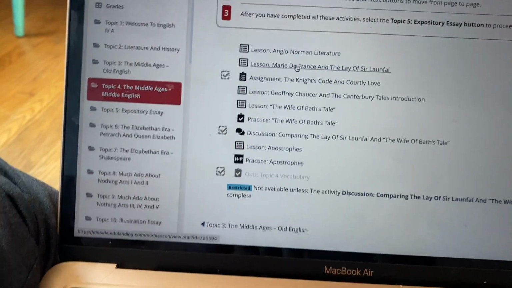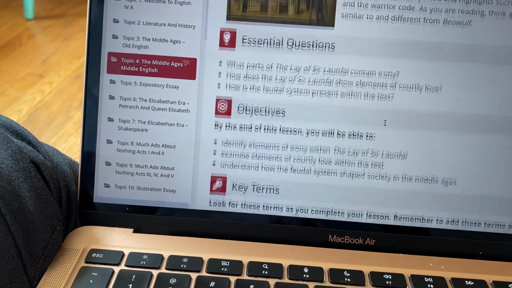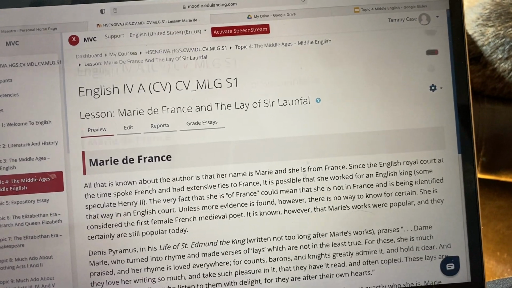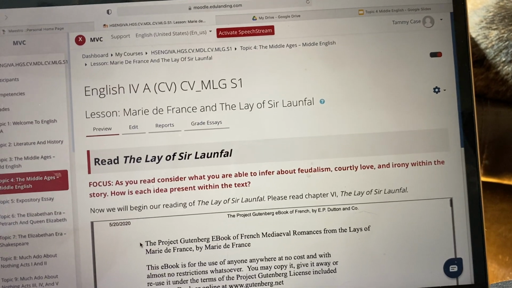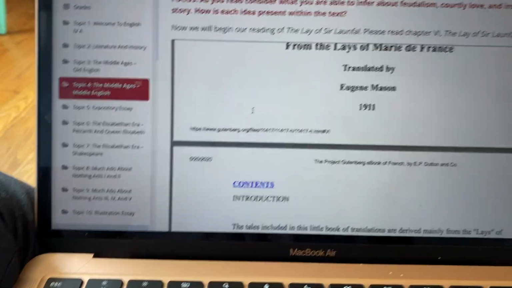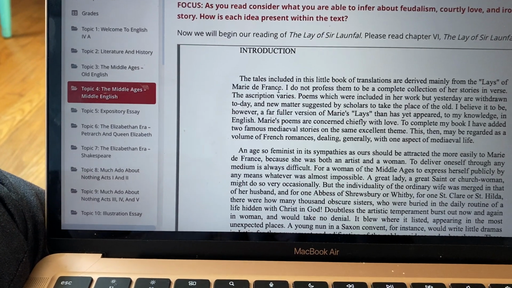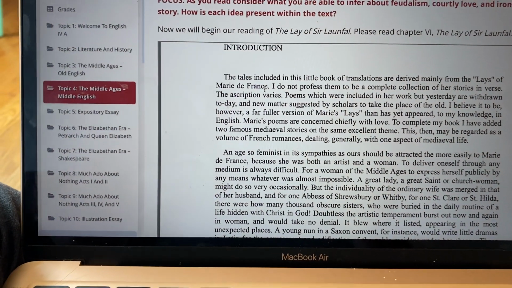But if you also go back to topic 4, I highly suggest that you read not only The Lay of Sir Launfal, which is not long at all, it does not take long to read, but that you also read the information at the beginning. When you go to where Sir Launfal is, read this beginning information, the introduction about Marie de France, and it gives you a lot of her point of view, and it answers the question of how she's showing chivalry and courtly love.